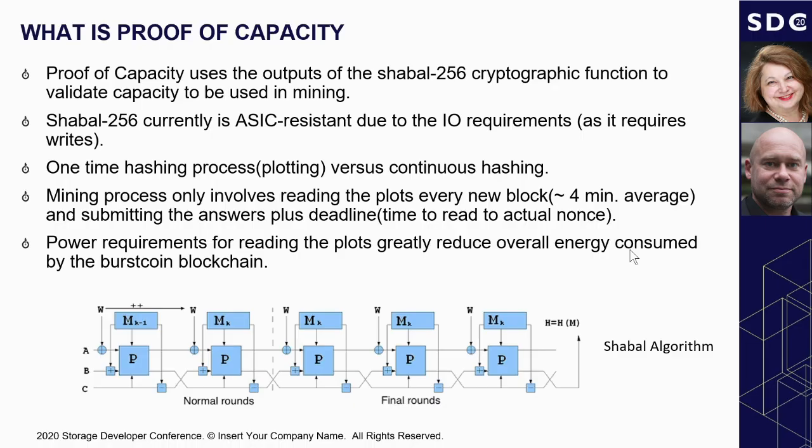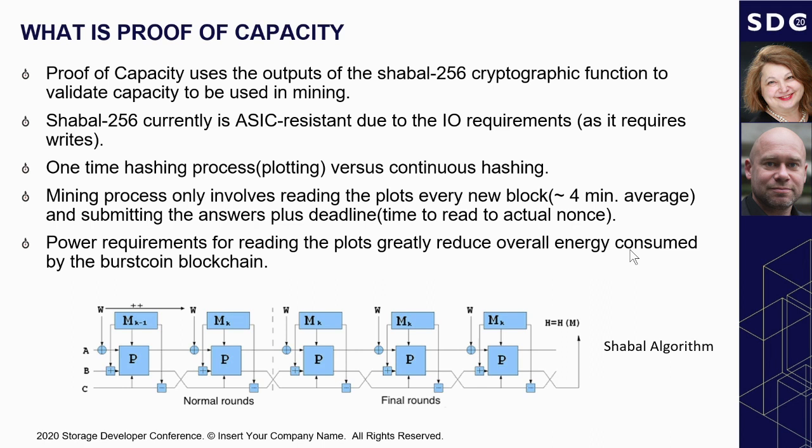So let's segue into our discussion of blockchain and storage, because that's close to what we do, close to our heart, near and dear. In blockchain and storage, we have two so-called consensus protocols which are used interchangeably.